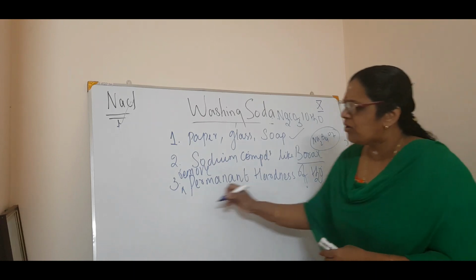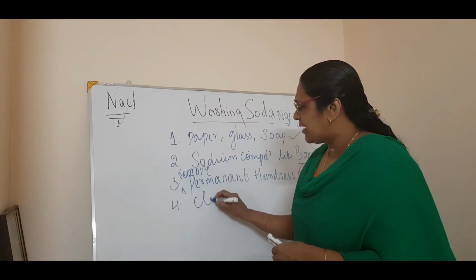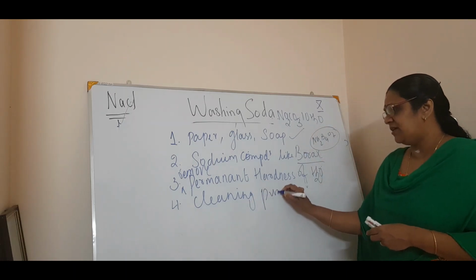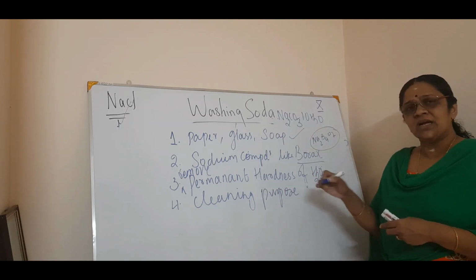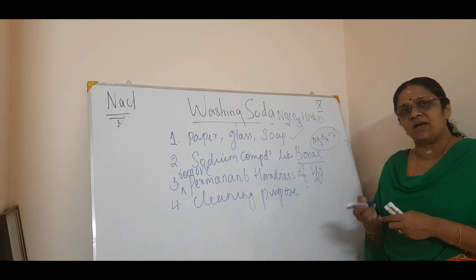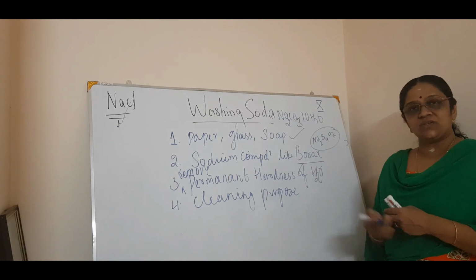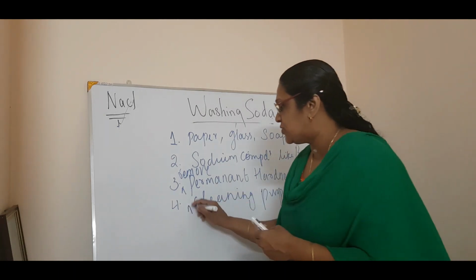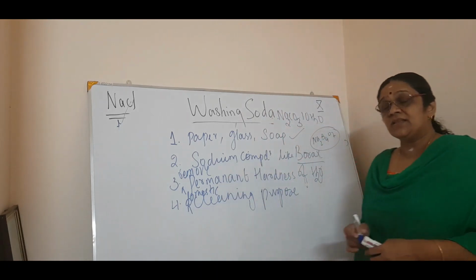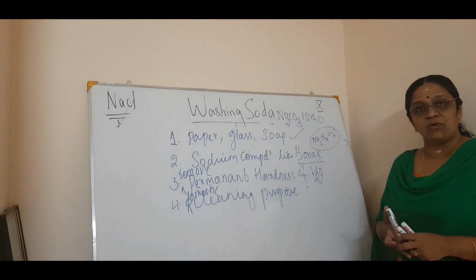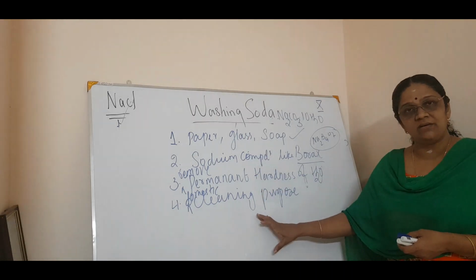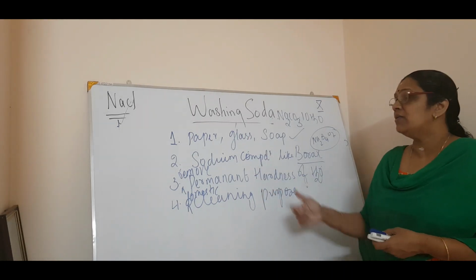Okay, and one more use, for cleaning purposes. For domestic cleaning, if you want to clean household articles like spoons, vessels, etc., washing soda is used. So these are the important uses, though there are so many uses.